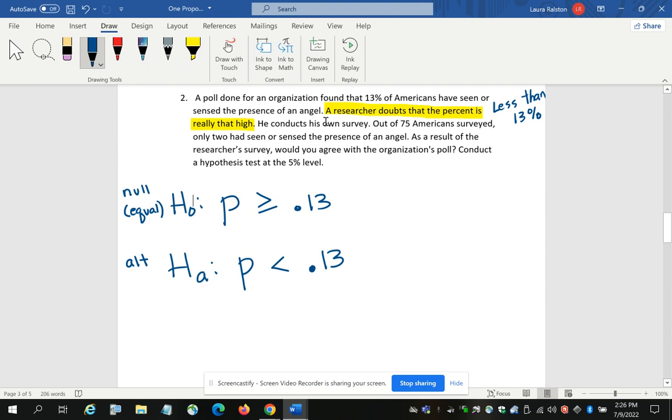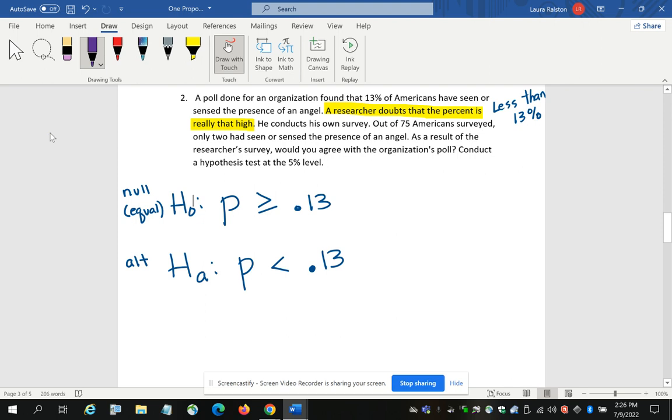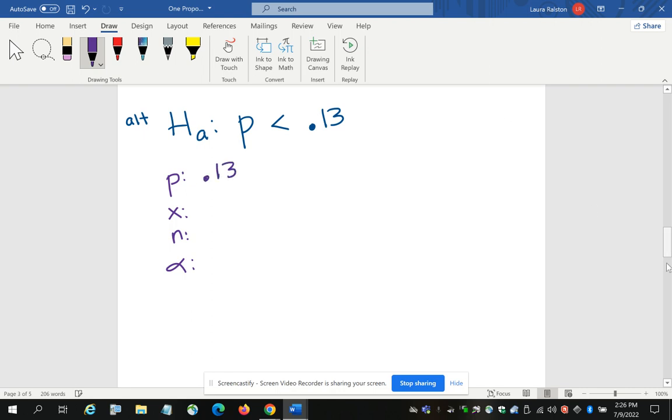Okay. The second step then is to identify the information that we're given in the problem. You need your population proportion, your number of successes, your sample size, and your significance level. So I know that my population proportion is the 13%.